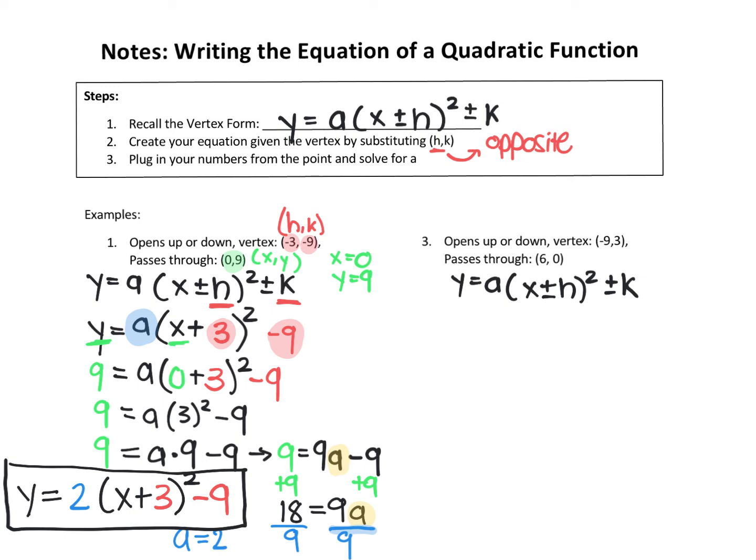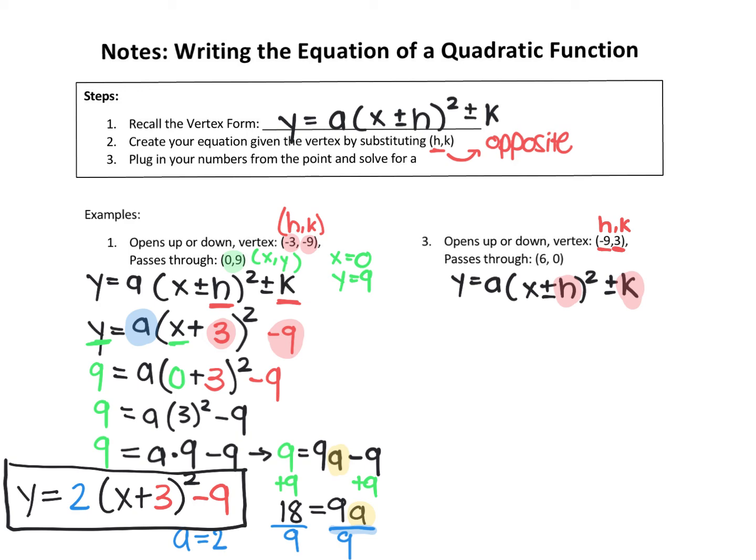So the first thing that I'm going to do is replace this h and this k with my h up here and my k, those two numbers. So let's do that.